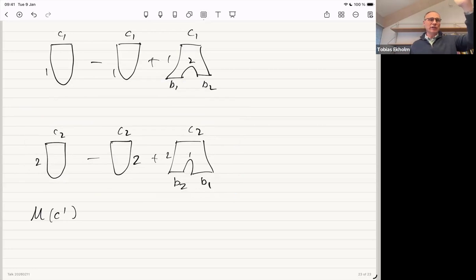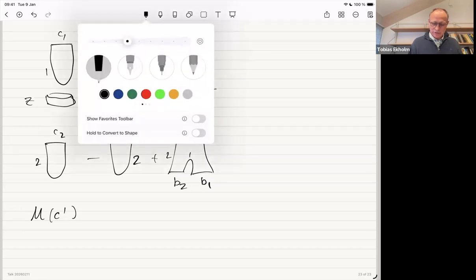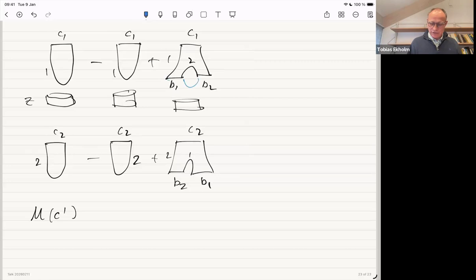This is a one-parameter family of curves, but I have to look at all disconnected curves. So I also have this kind of annulus inside here, and I'm going to call the count of those Z. Of course, here as well, and here I have that thing as well inside, but then I may also have some kind of curves going off from here, which I'll draw in blue perhaps.